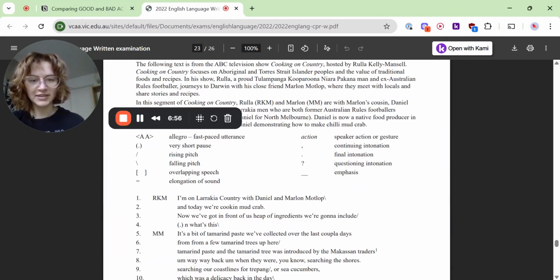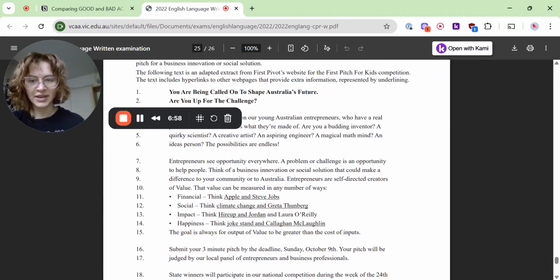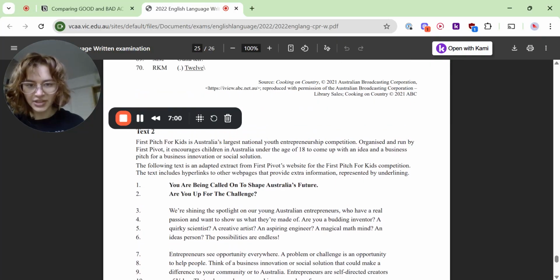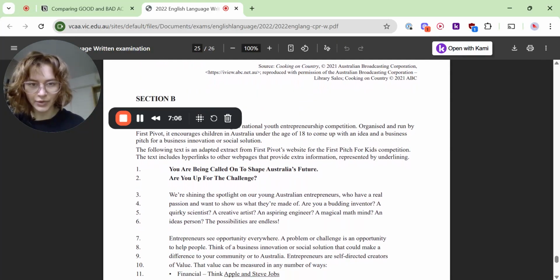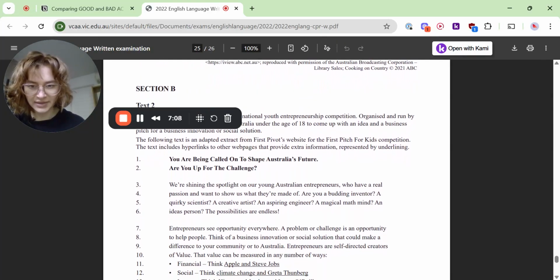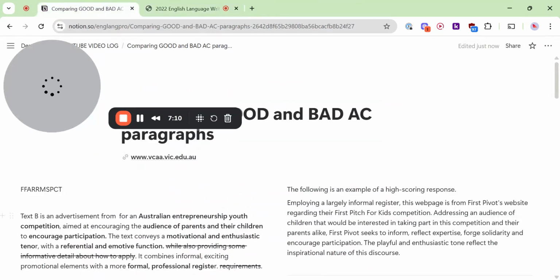All right, section C, section A, B. Okay, largest youth entrepreneurship run by First Pivot. Okay, so it doesn't really say who First Pivot actually is. Okay, cool.